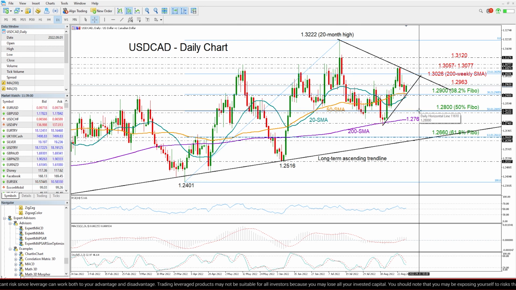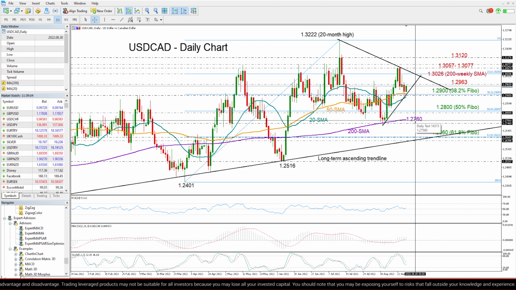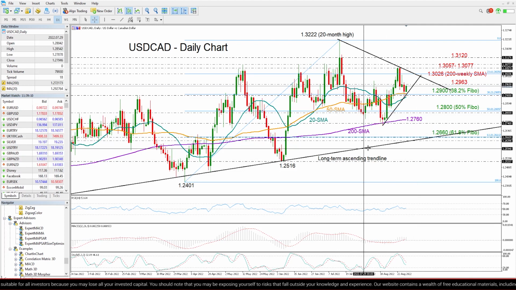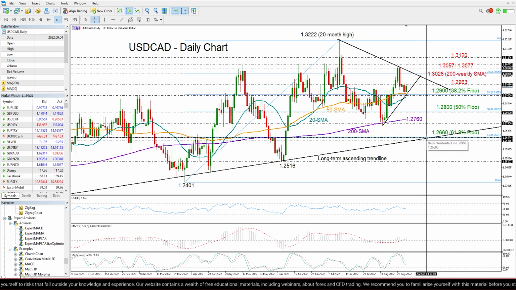The 200-day moving average could also attract attention around 1.2760, because any failure to pivot here could see another sharp depreciation towards the long-term support trend line coming from the 2021 low of 1.2006. The 61.8% Fibonacci of 1.2660 is also within this region.